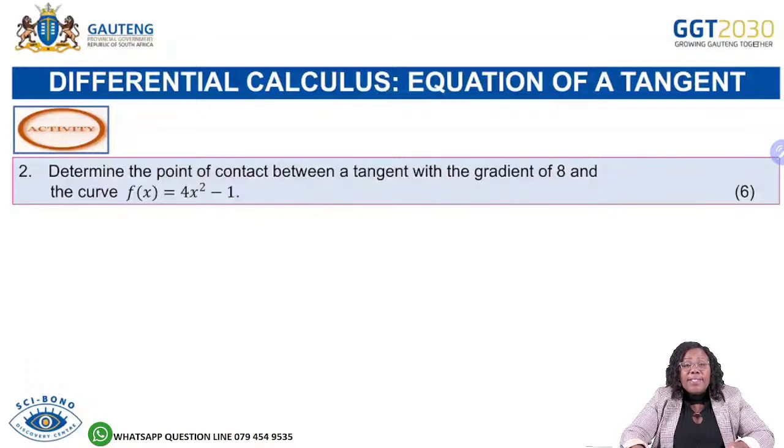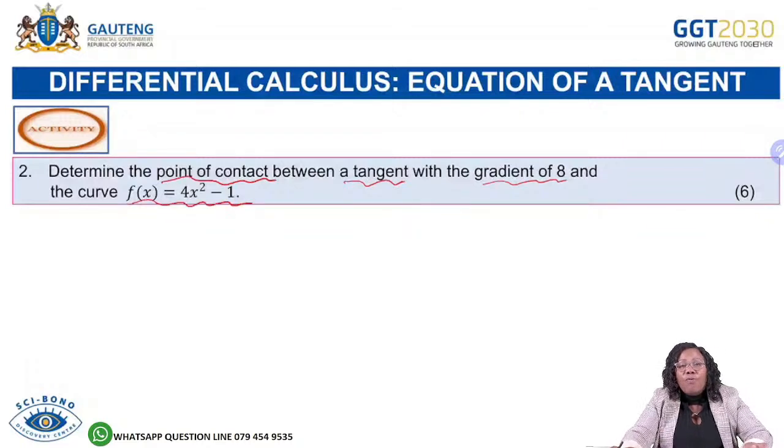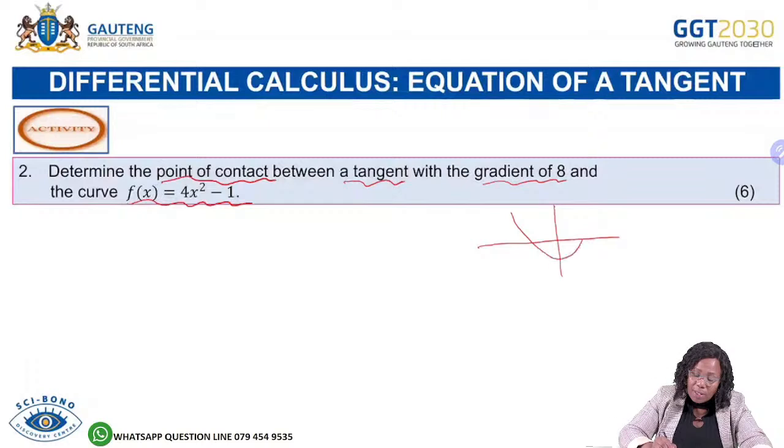In this case, they say determine the point of contact between a tangent with a gradient of 8 and the curve of f(x) = 4x² - 1. That means we have a parabola, f(x) = 4x² - 1, and this graph is turning at (0; -1), something like that.